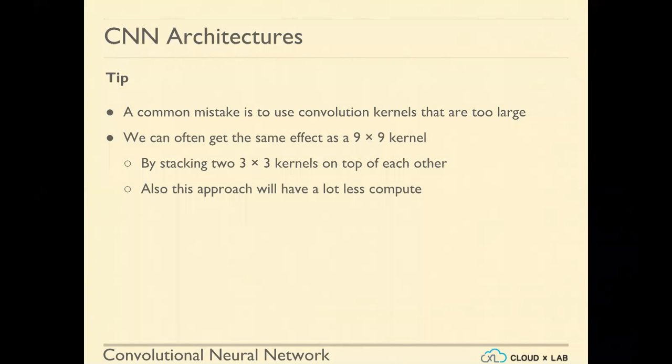The size of a 9 by 9 kernel is 9 times bigger than a 3 by 3 kernel. Instead of using that, if we use 3 by 3 kernels, we can achieve the same thing with twice the effort rather than 9 times. That's what we are trying to say here.